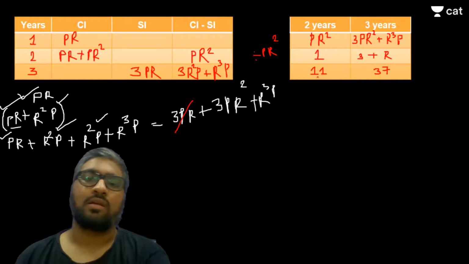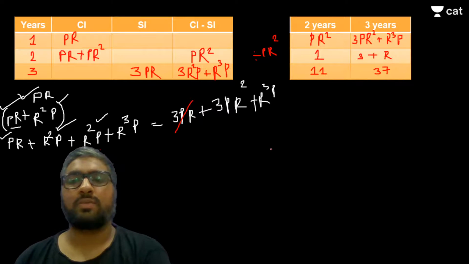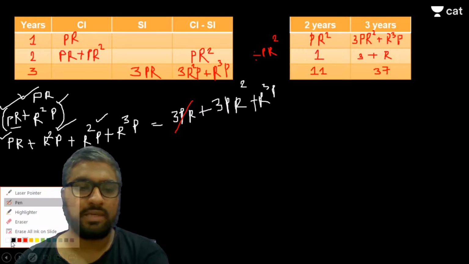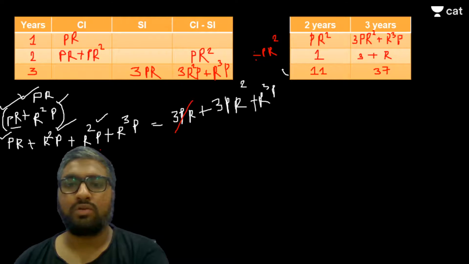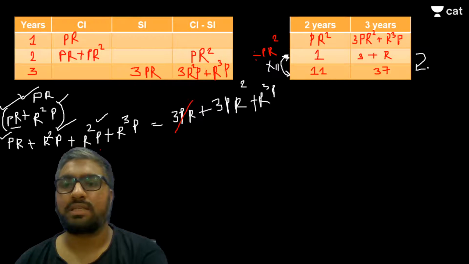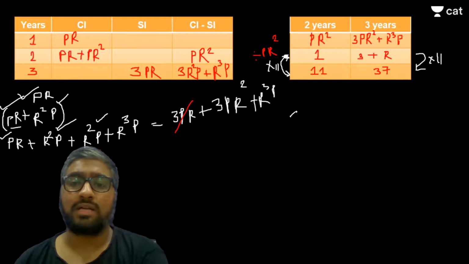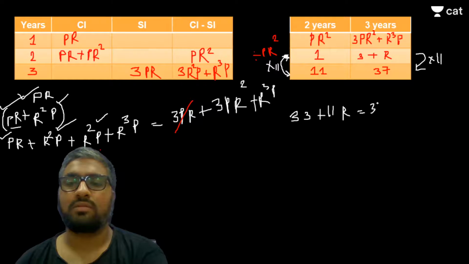Which basically means if I multiply this with 11, the other way around, this into 11 is 11 parts. 11 into 3 plus R is 33 plus 11R equal to 37.